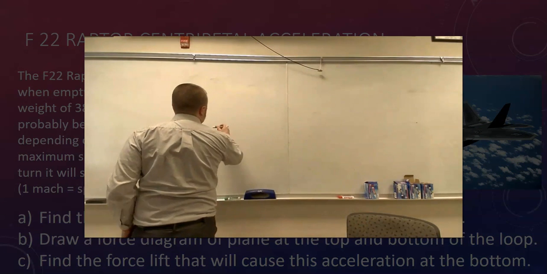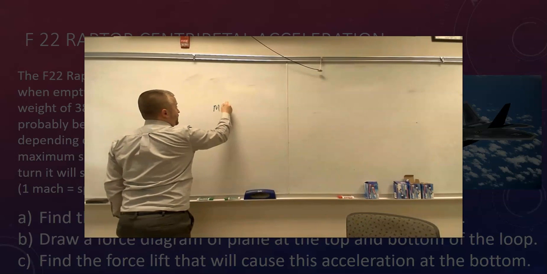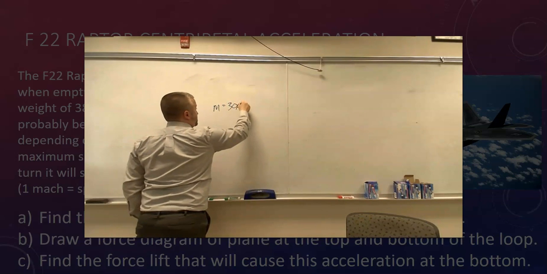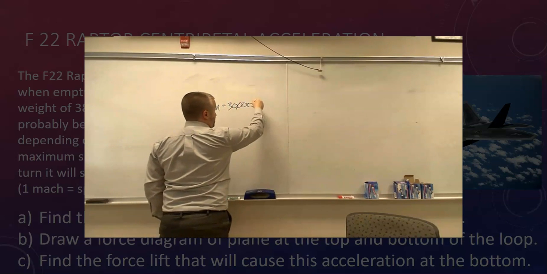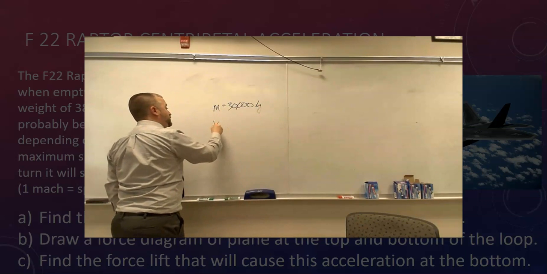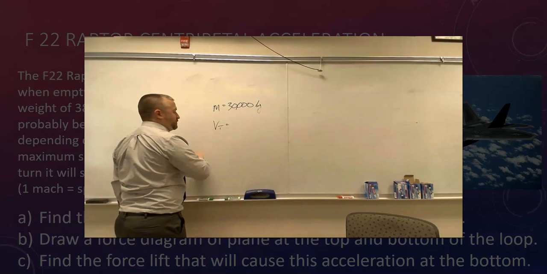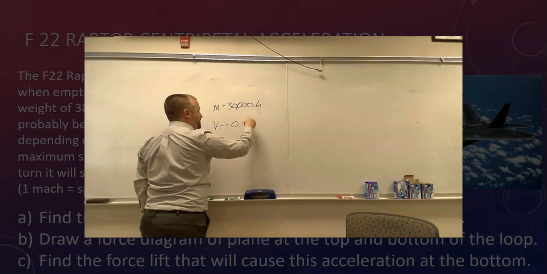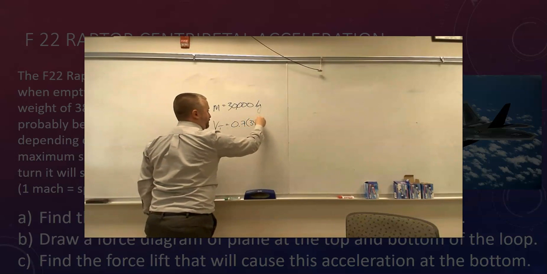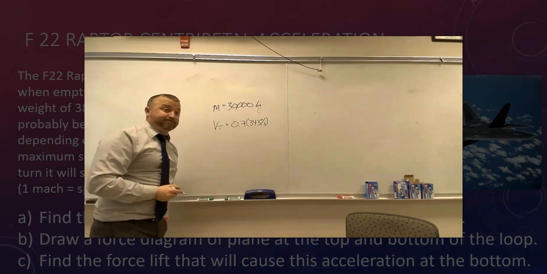So we said the mass of the plane is going to be about 30,000 kilograms. And the speed of plane, you'll notice I put a T on there, is 0.7 times Mach, or 343 meters per second.